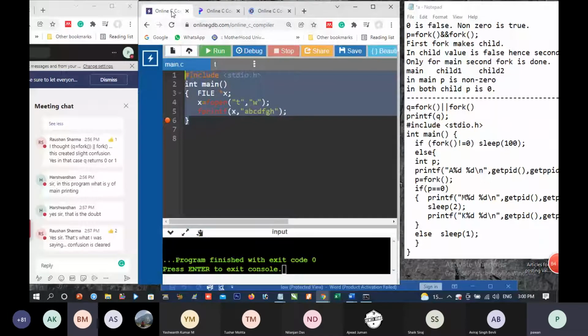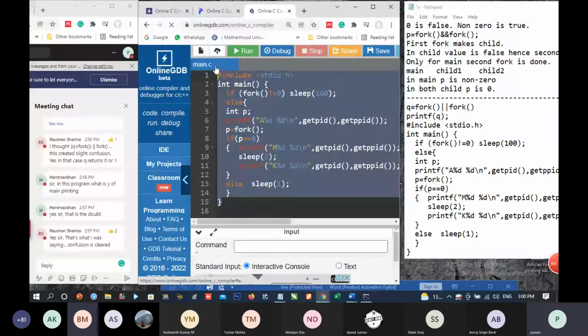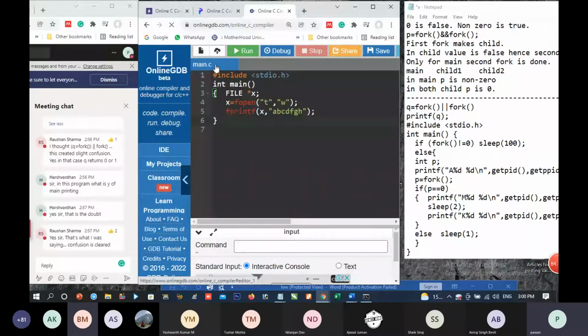Now type this program into this GDB editor. Type this program and execute it and see what happens.